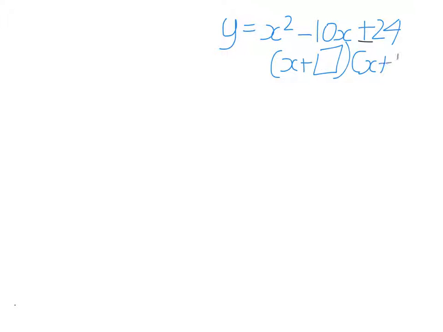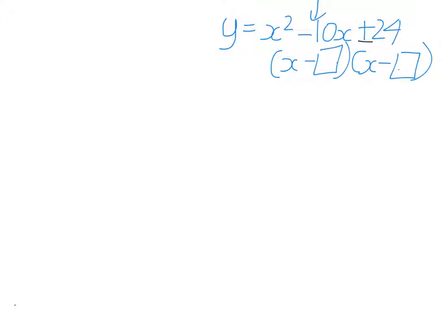I know that both of the numbers that go in here must be either both positive or both negative, because you can't have a negative and a positive multiplied to a positive. Because this one here is negative 10, they obviously must both be negative. So I'm just going to rub out the positive signs and replace them with negatives.